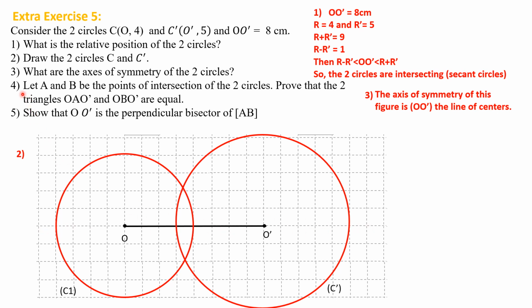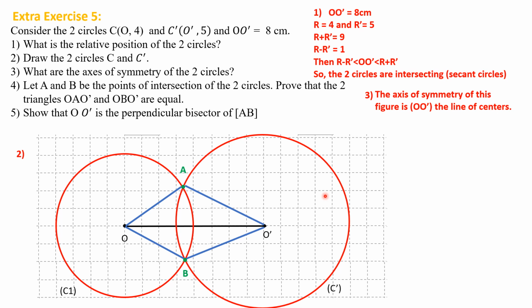Question 4. Let A and B be the points of intersection of these two circles. Please prove that these two triangles, OAO prime and OBO prime, are equal.